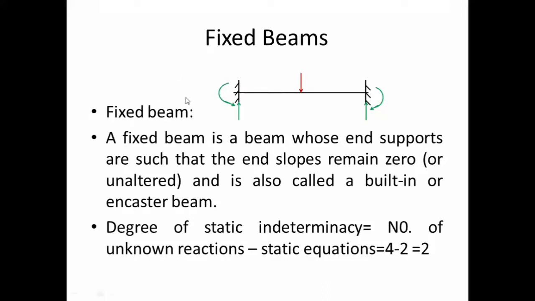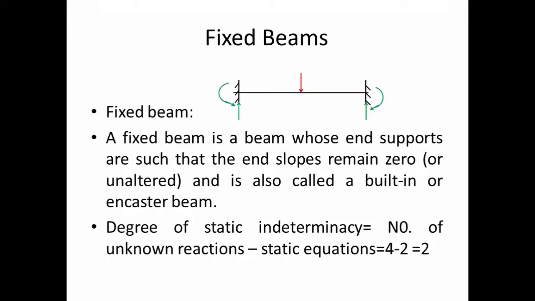So only two reactions on each end, which are 4 in total, and static equations, they are 2. Not 3, they are 2. Why 2? Because we are neglecting the horizontal reaction, so we need not apply the horizontal condition of equilibrium. So we are reducing one condition. So 4 minus 2 is 2, the static indeterminacy of this beam.